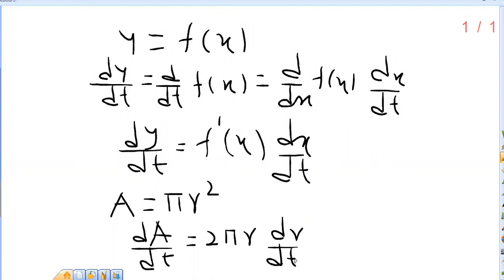Now give the title derivative as a rate measure.